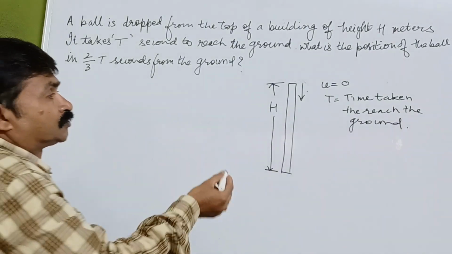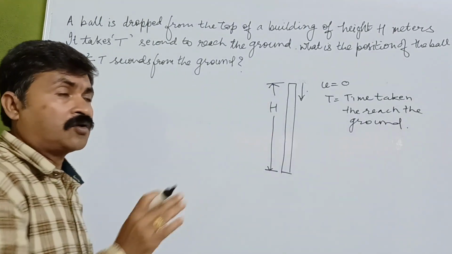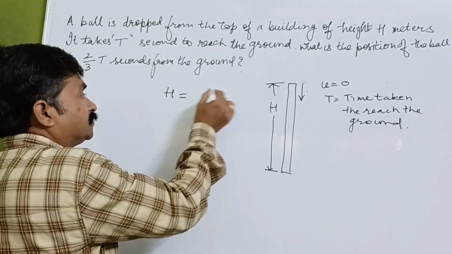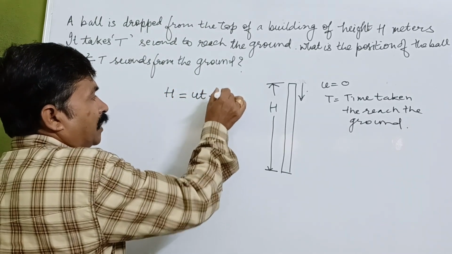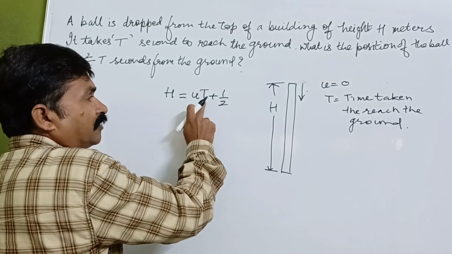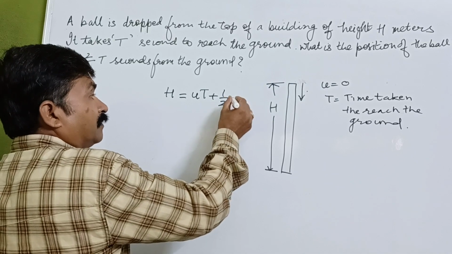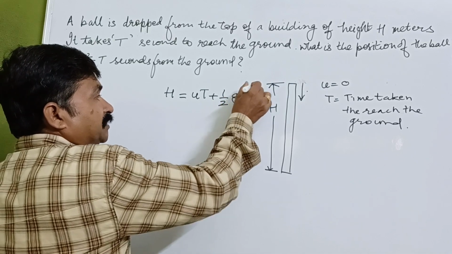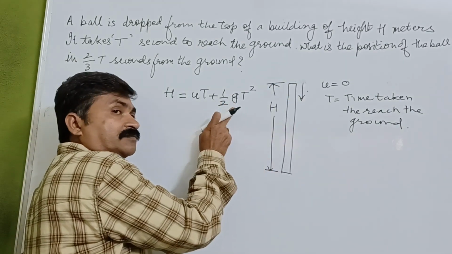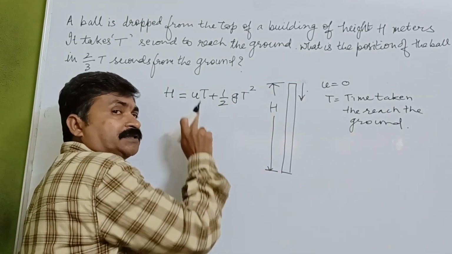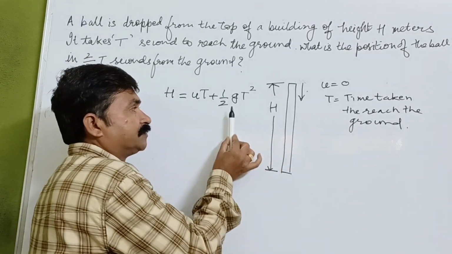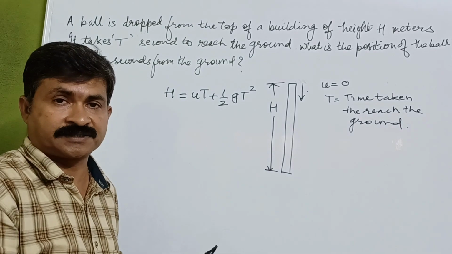Here we can go with the second equation of motion: h = ut + 1/2 gt², where t is capital T. When the ball is coming down, we take the value of g as positive, and when it is going upward, we take the value as minus g.